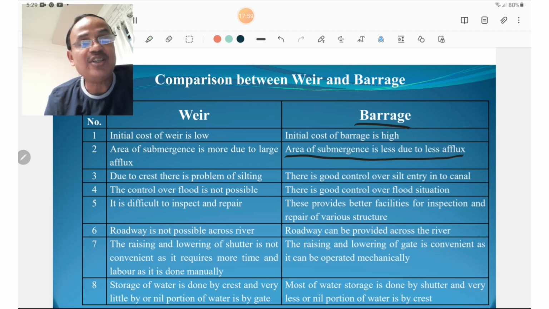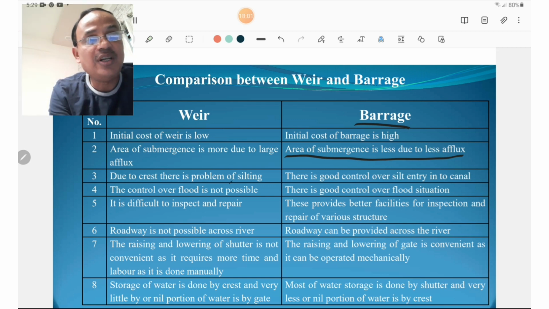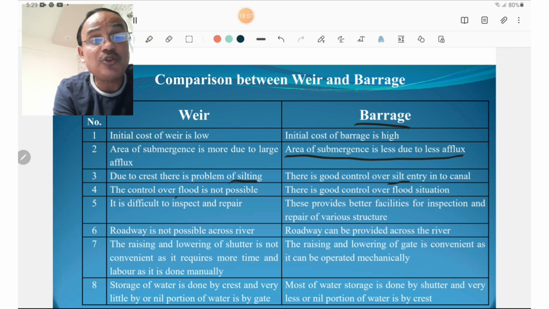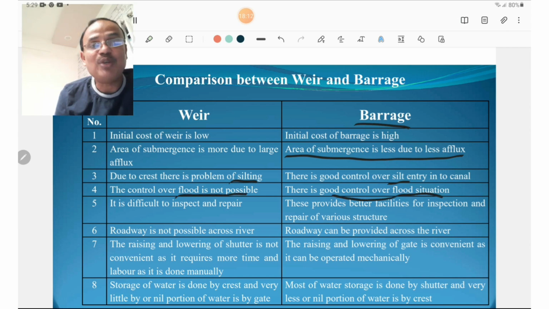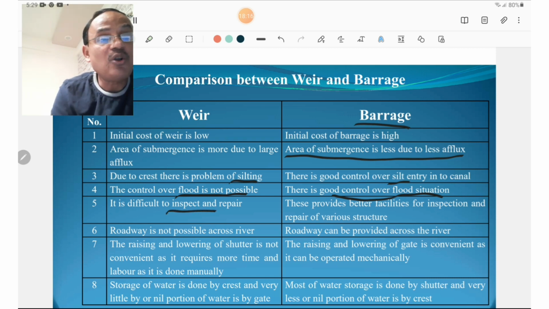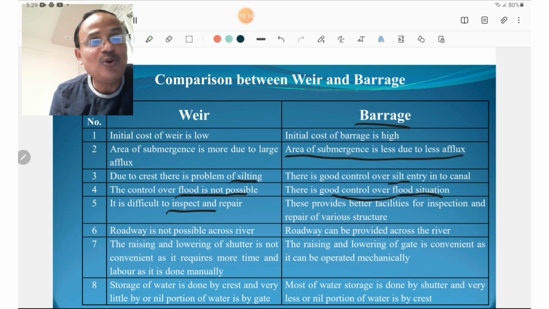Due to the crest, there is a problem of silting, but there is good control over the silting in barrages. The control over flood is not possible in a weir, but control over the flood is possible in barrages because of gates. It is difficult to inspect and repair the weir because there is no roadway over the weir.